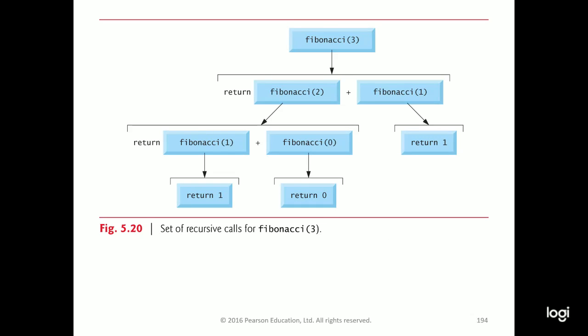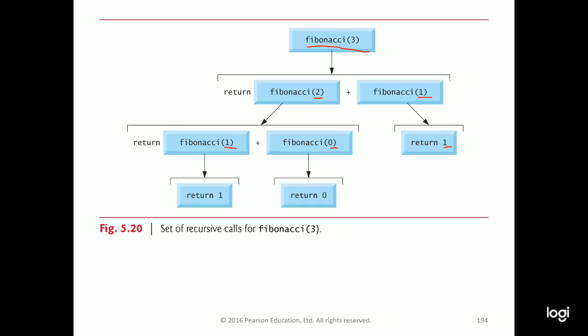Graphically, if we have Fibonacci 3, this call to Fibonacci 3 issues two recursive calls. First one with the argument 2, second one with argument 1. The one with argument 1 is going to return 1. The one with argument 2 is going to break it down further and call the function again with argument 1 and argument 0.